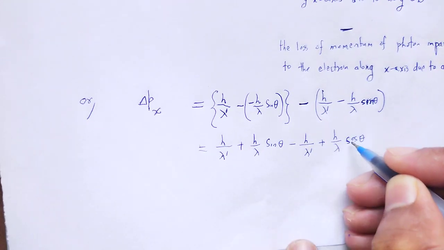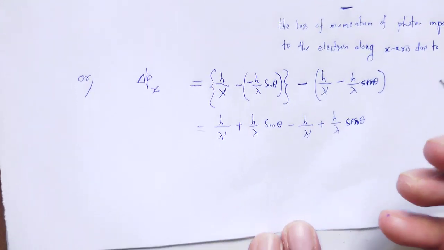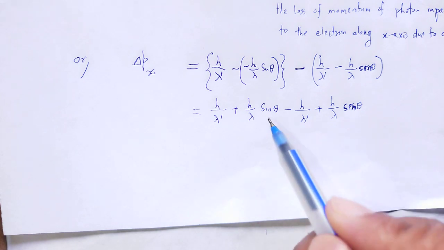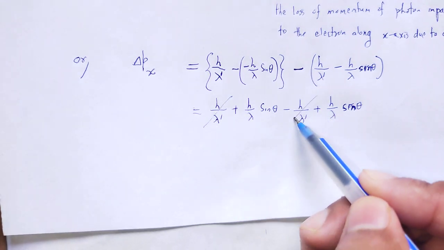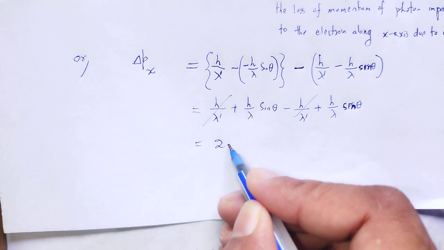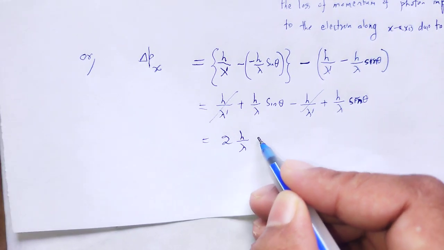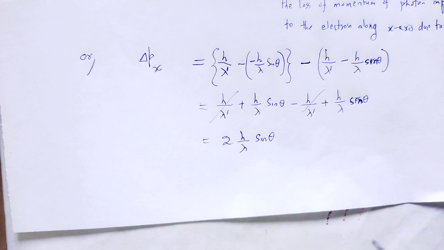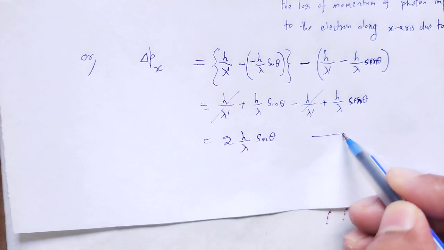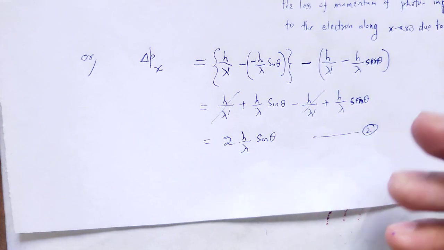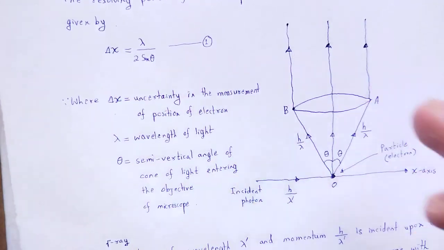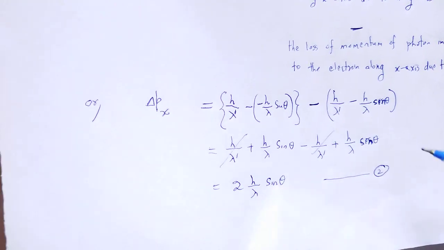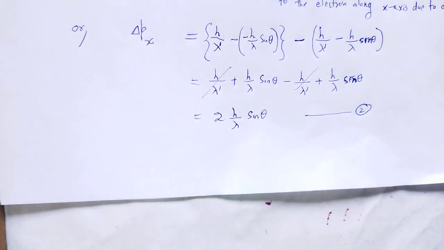Sin theta, here is sin theta. Cancelled out, it is 2h by lambda sin theta. Equation number 2. This is from equation number 1, that is from equation number 2. This is the uncertainty in position, that is the uncertainty in momentum.